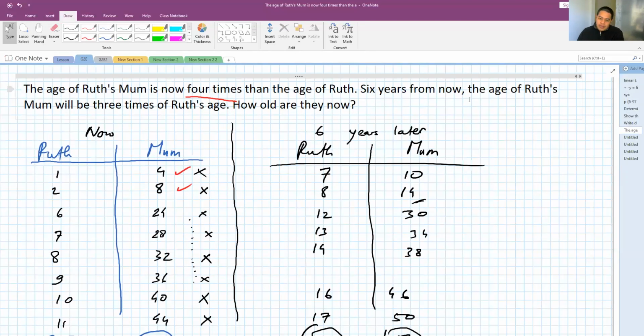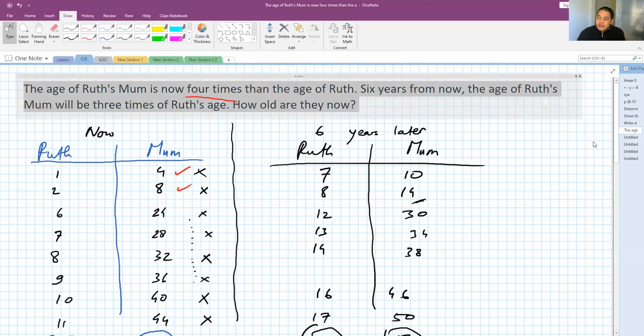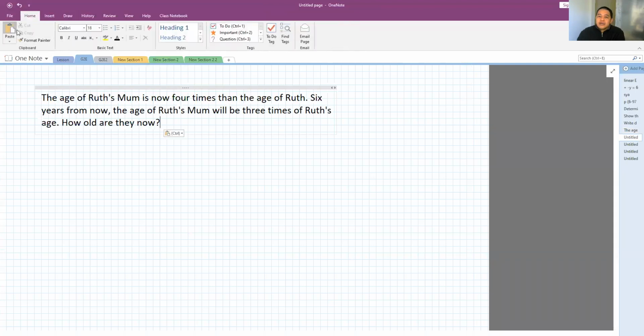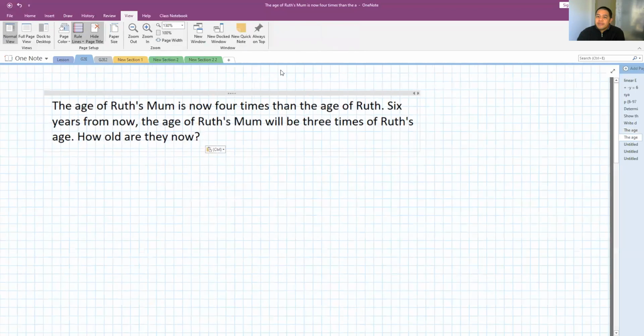Okay, so you see, there are many ways actually to answer a question like this. Now, I will explain how to answer this one using the variable, the unknown.